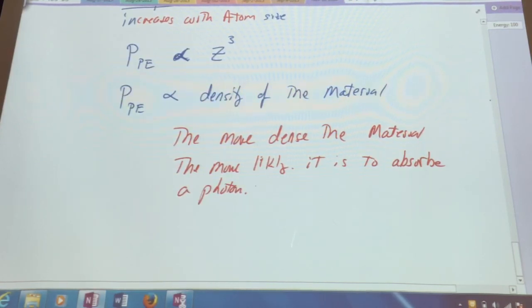So the more dense the material, the more likely it is to absorb a photon. So we have to get over this idea of density.